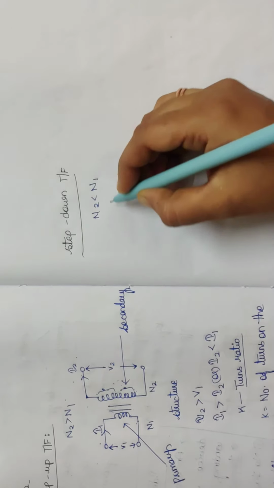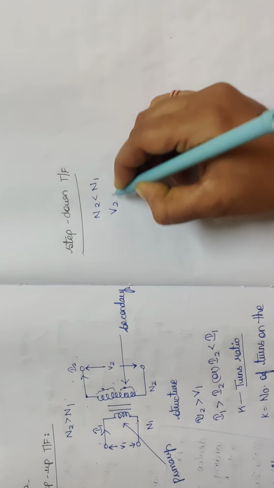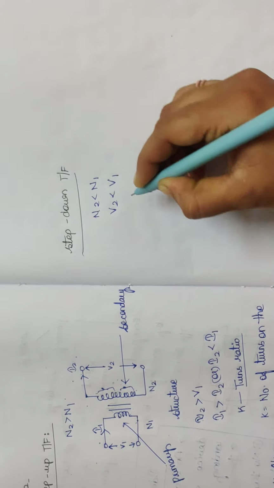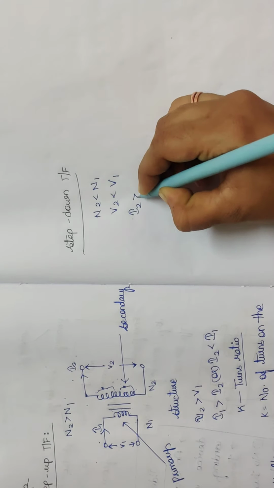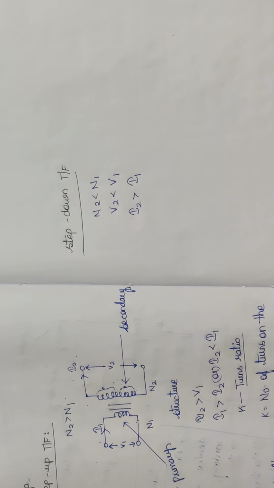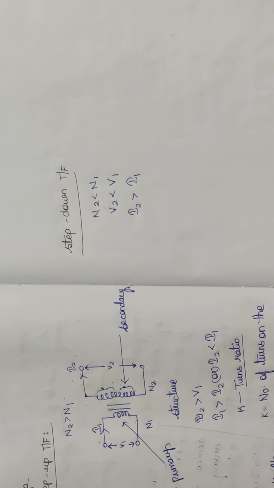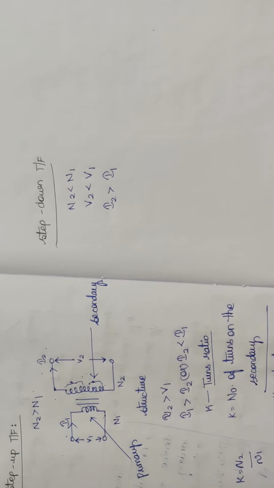So N2 is less than N1 means V2 is less than V1. From that I can say I2 will be greater than I1, because I know V equals I into R. If you keep R constant, then the relation holds: V1 I1 is equal to V2 I2, keeping a proportionality constant.